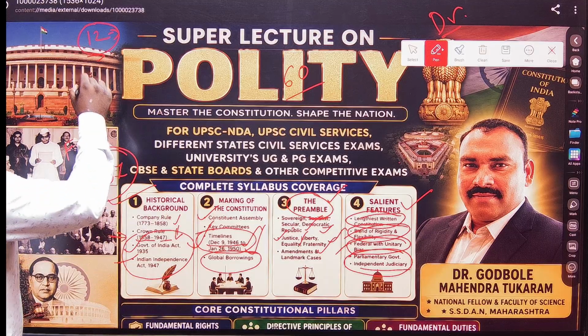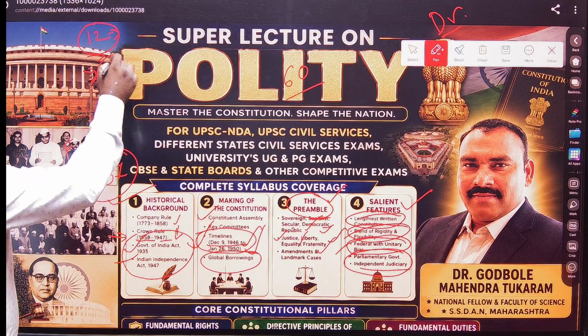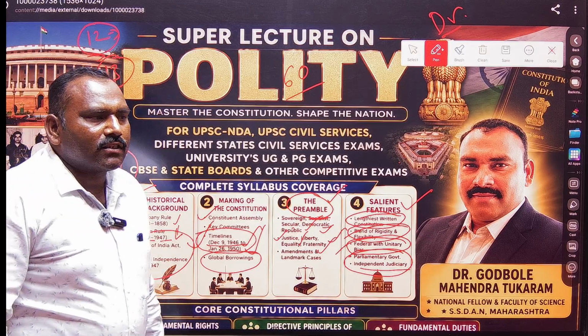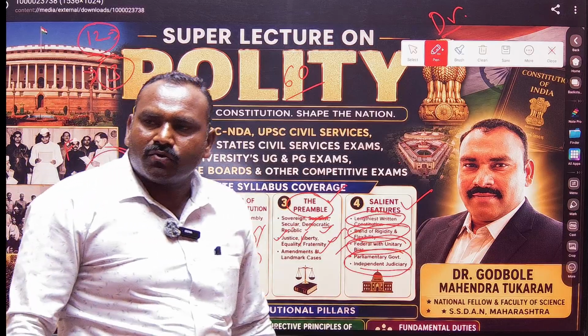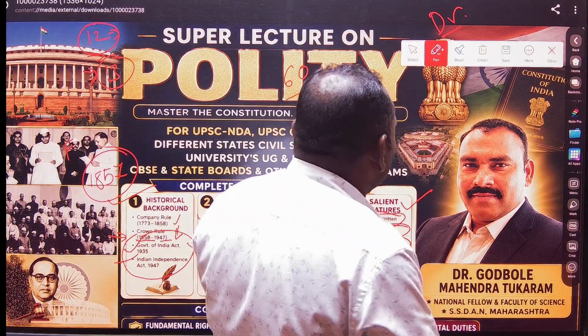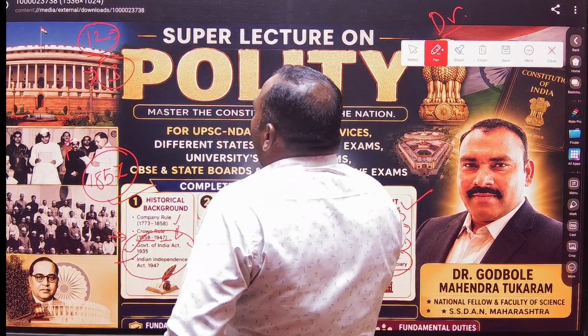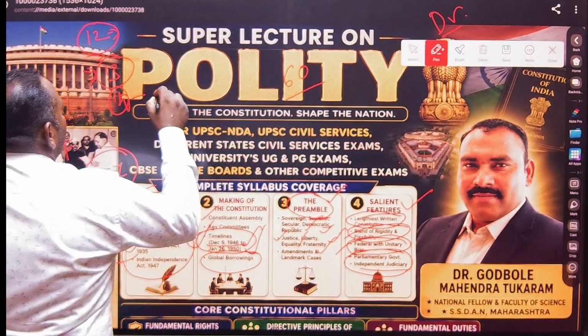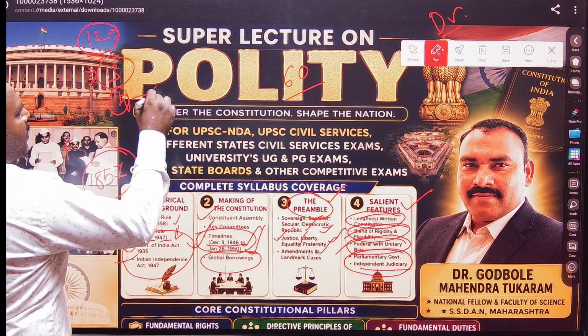Article 13 says that previously existing laws, regulations and statutes that are inconsistent cannot work. Therefore, the Indian Constitution's rules may be started. Right from Article 13, followed by Article 14, which talks about equality.